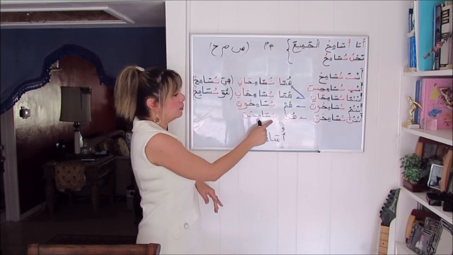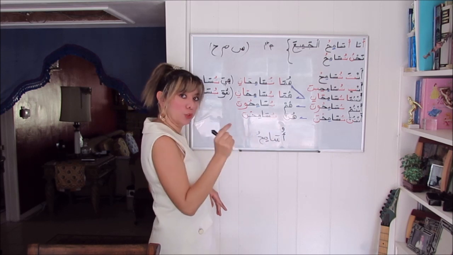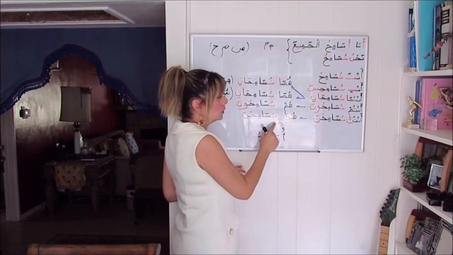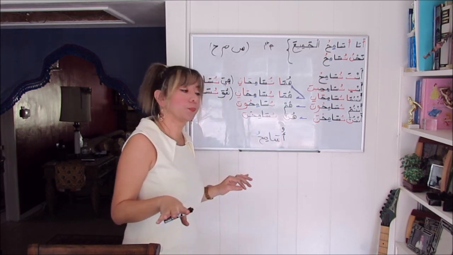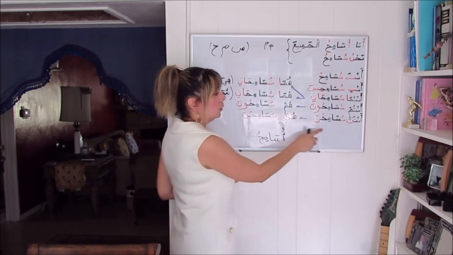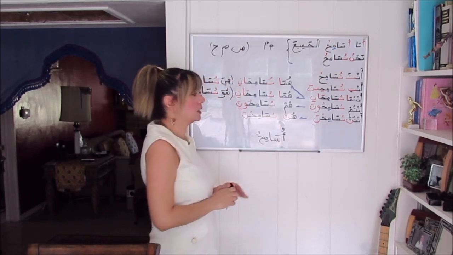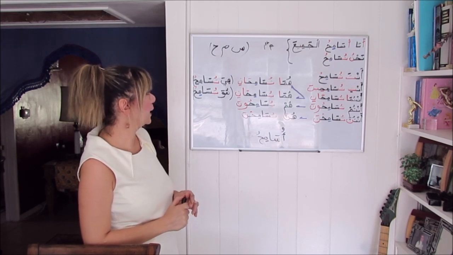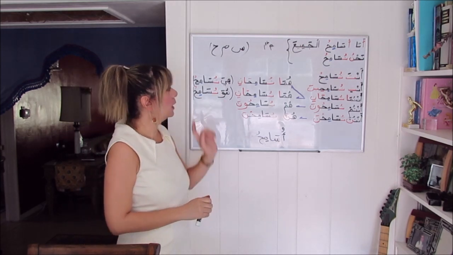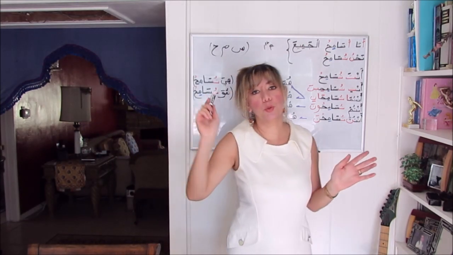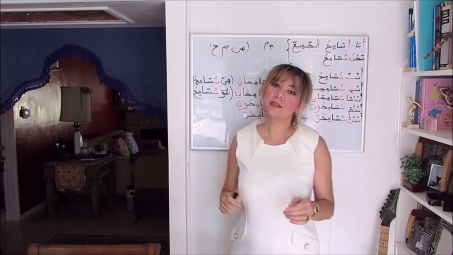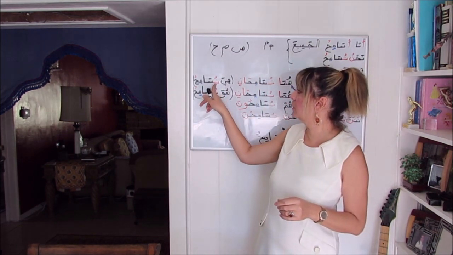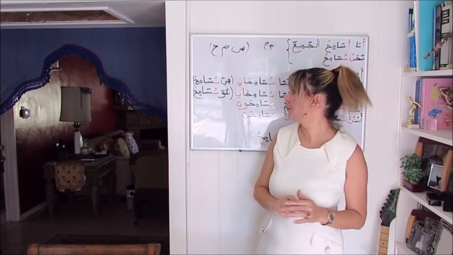We didn't do the same thing with hunna. If we use the ta, we won't be able to distinguish it from أنتن تسامحن. So here, even though it's the third person feminine singular, we're still using the ta.